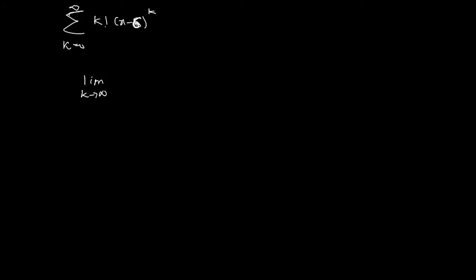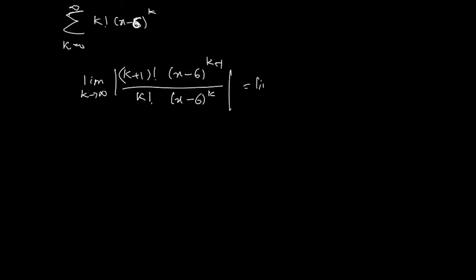So the limit as k goes to infinity of k plus 1 factorial times (x minus 6) to the k plus 1, divided by k factorial times (x minus 6) to the k. The factorials cancel, this whole power cancels, and we're left with the limit of k plus 1 multiplied by x minus 6.